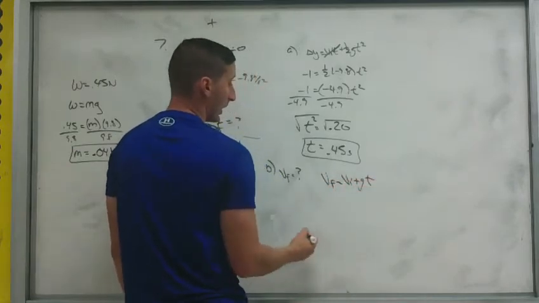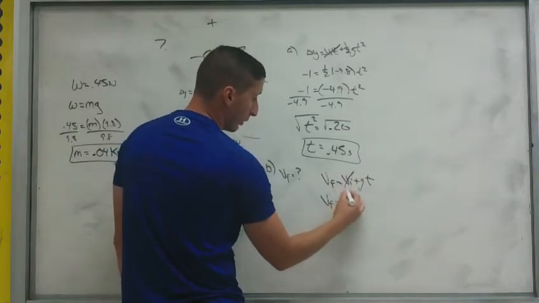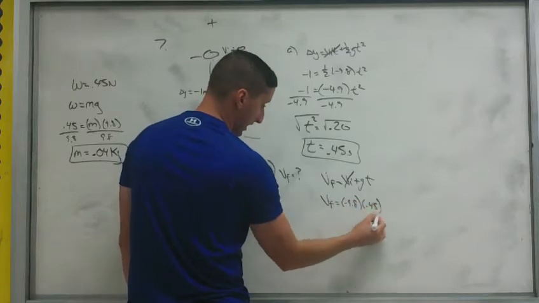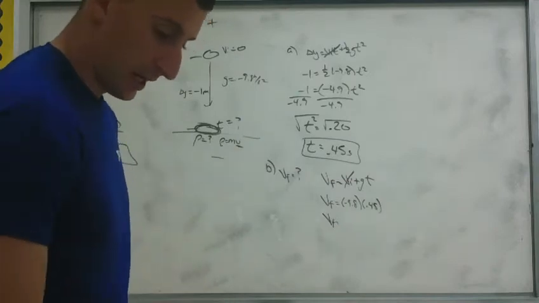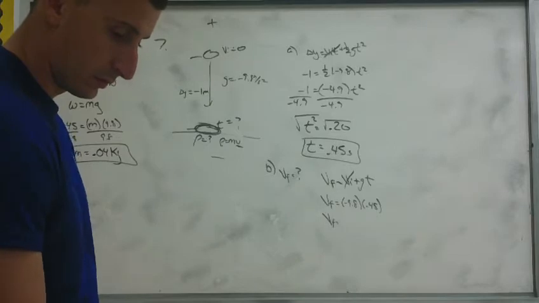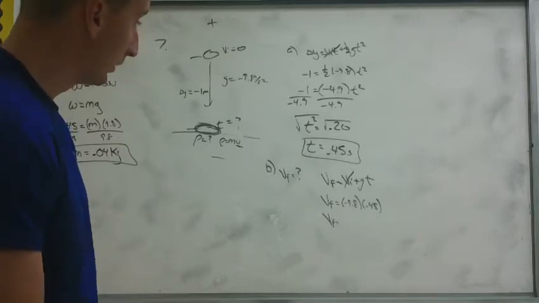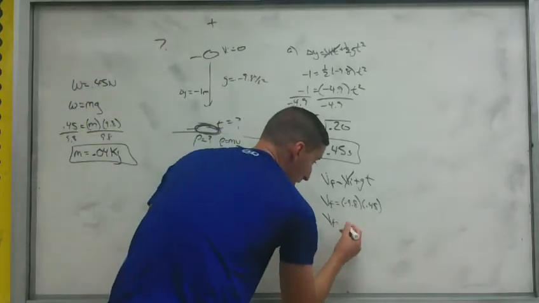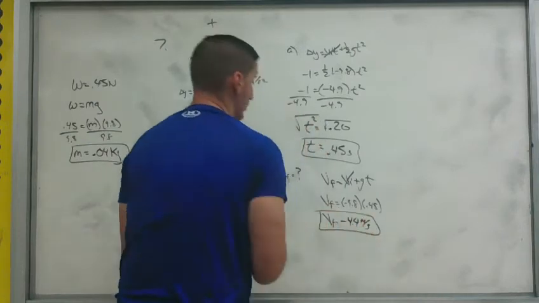All right, v_f is what I'm looking for. v_i is 0, it goes away, negative 9.8. t is 0.45 seconds. v_f equals 9.8 times 0.45. Yeah, and I get negative 4.4 meters per second. So that's how fast it's going there.